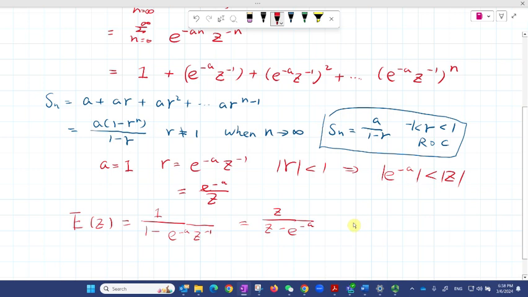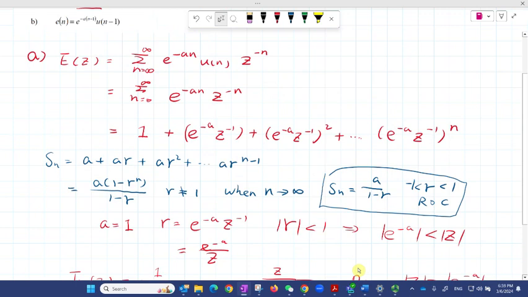The region of convergence is that z has to be larger than e to the order of negative a, the same thing as here. That's part A.